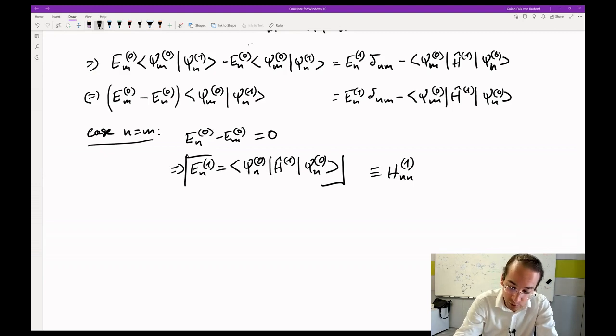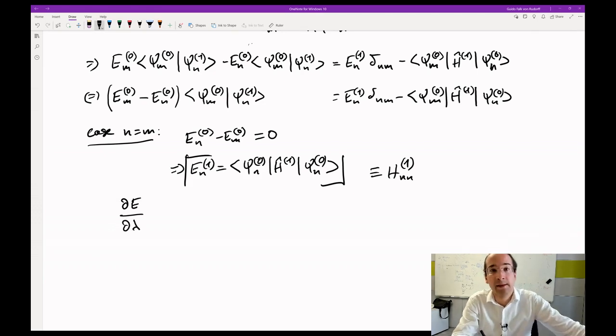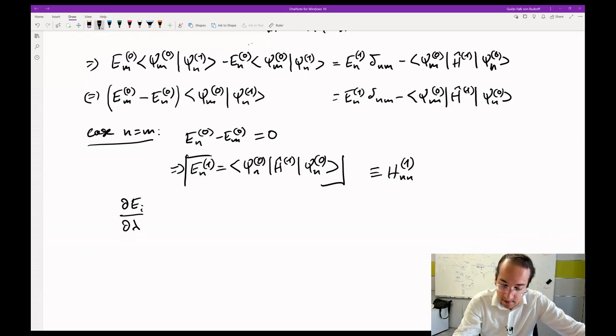It has a separate name, and it would be easier to see that if I write it a little bit differently. So I would say that the linear part in this change in energy is exactly the first order contribution of this energy.